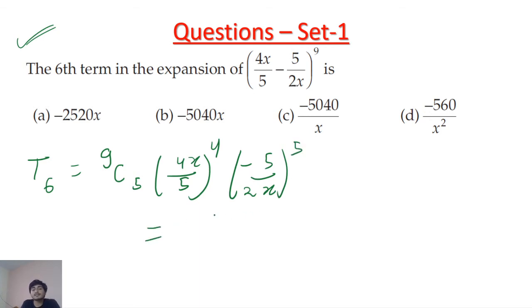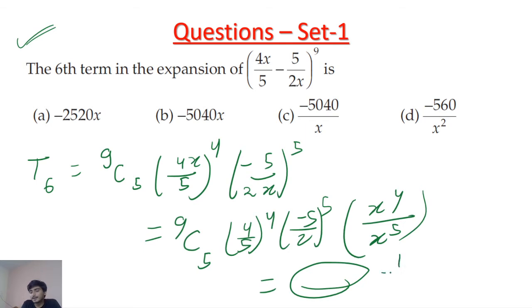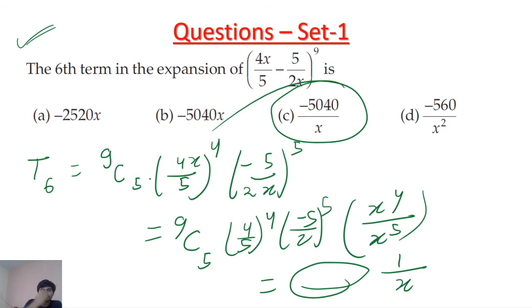So it means 9C5, 4 by 5 you leave as 4, into minus 5 by 2 you leave as 5, into x to power 4 divided by x to power 5. So it means something divided by x. So which is the correct answer? C should be the correct answer, right? Is it clear or not? Correct? Surya and Rachit?